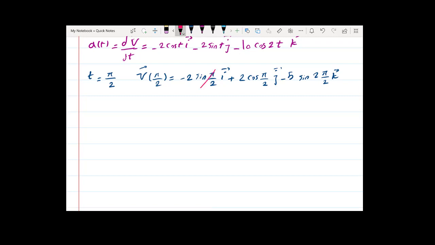Sine of pi over 2 is 1, cosine of pi over 2 is 0, and sine of pi is 0. So it is equal to negative 2i.